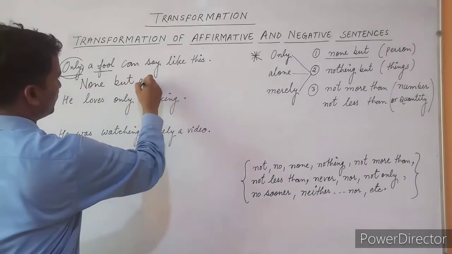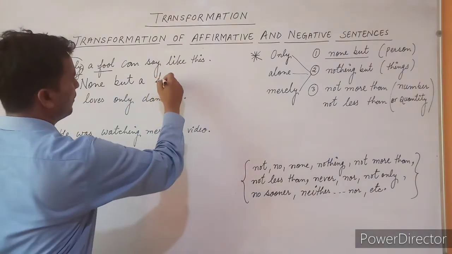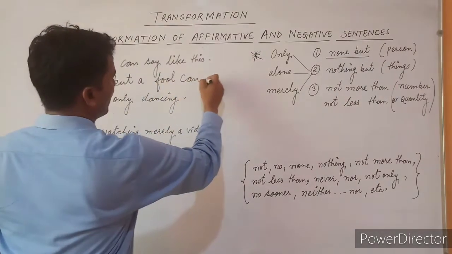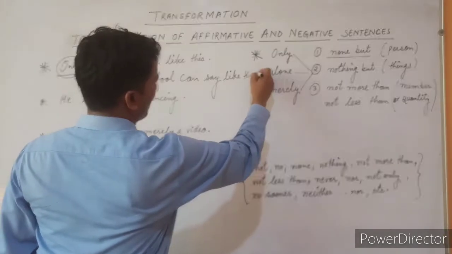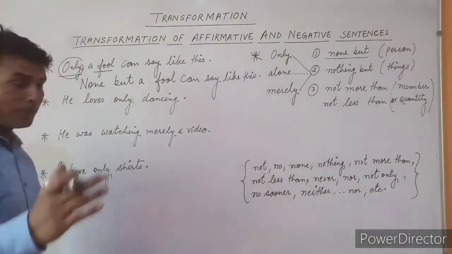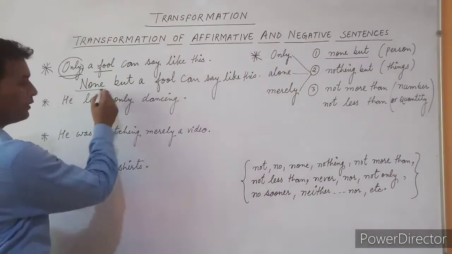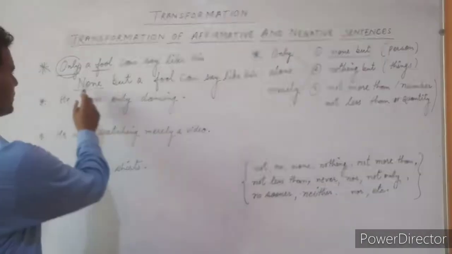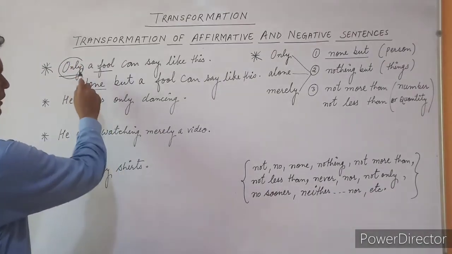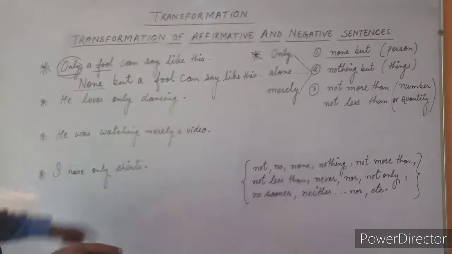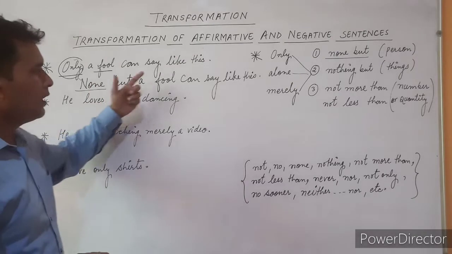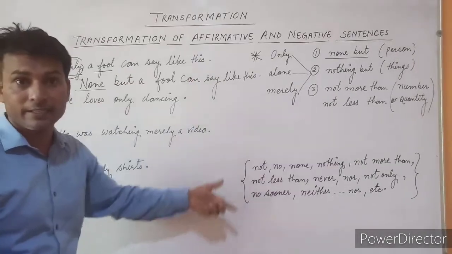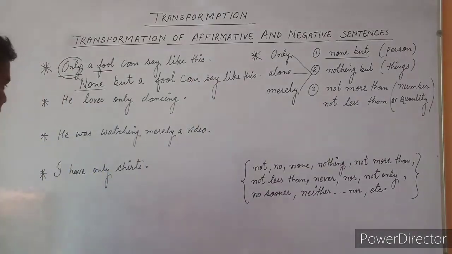None but a fool can say like this. Right, students? None is a negative word, right? And it can be used in place of only, because only has been used for a fool, for a person. So for a person we use none but. None but a fool can say like this. I hope you have understood.